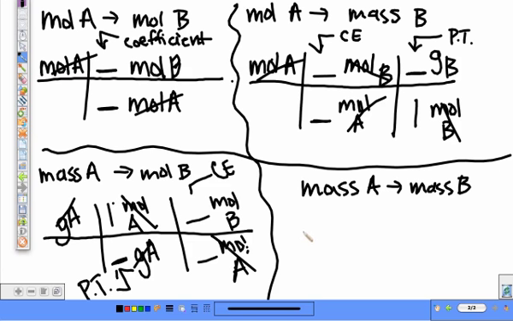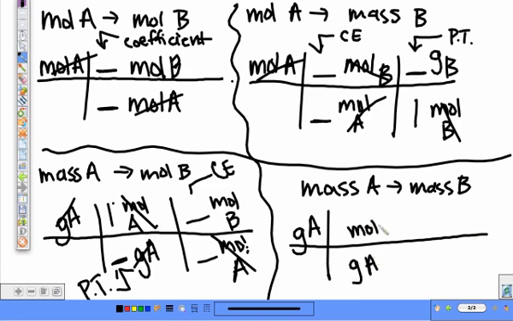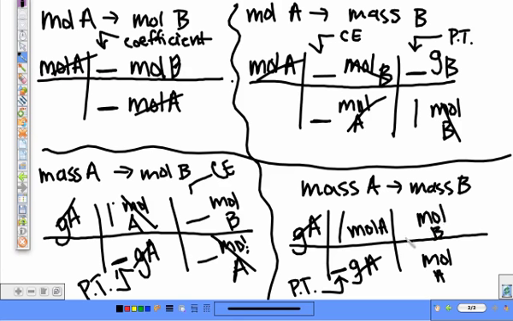Okay, and the last type is going to be set up very similar to the last one. We're just going to add a step at the end. So we got to change grams to moles first. And this is the mass of 1 mole. Then we have moles of A converting up to moles of B, just like we did, and those came from the coefficients.